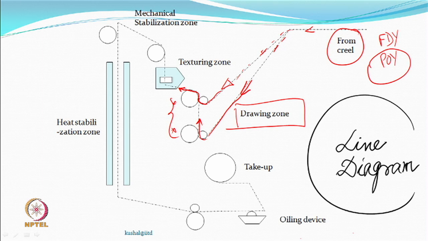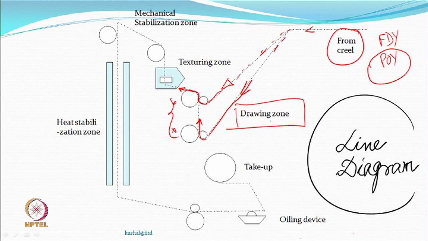So, if you have a fully drawn yarn, you take a different path. If you have undrawn or a POY yarn, which is going to be the general raw material, in such a case then you take a different path and then go to a zone called a drawing zone.